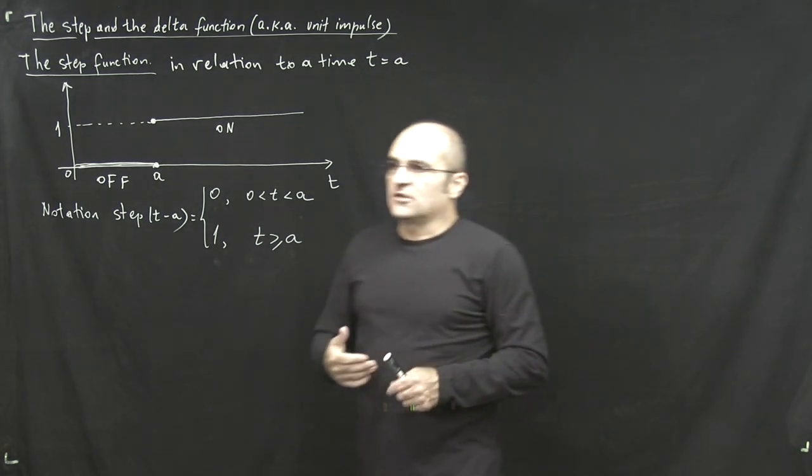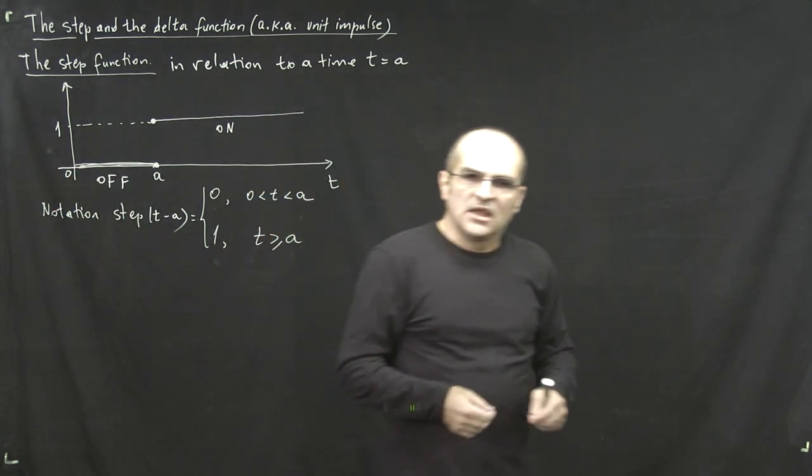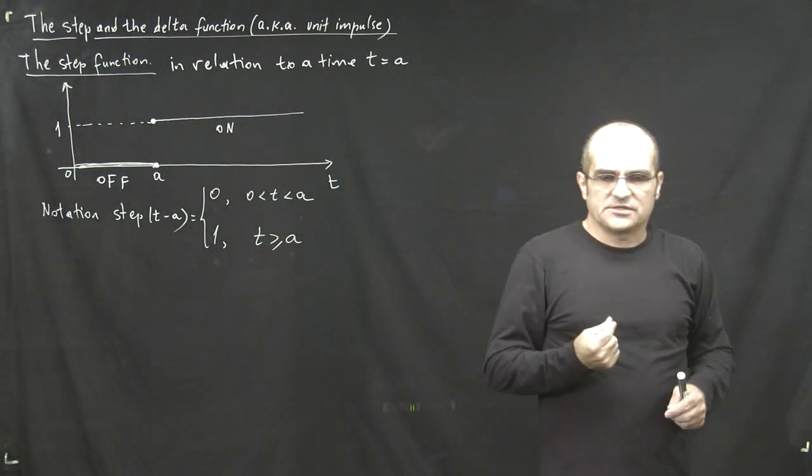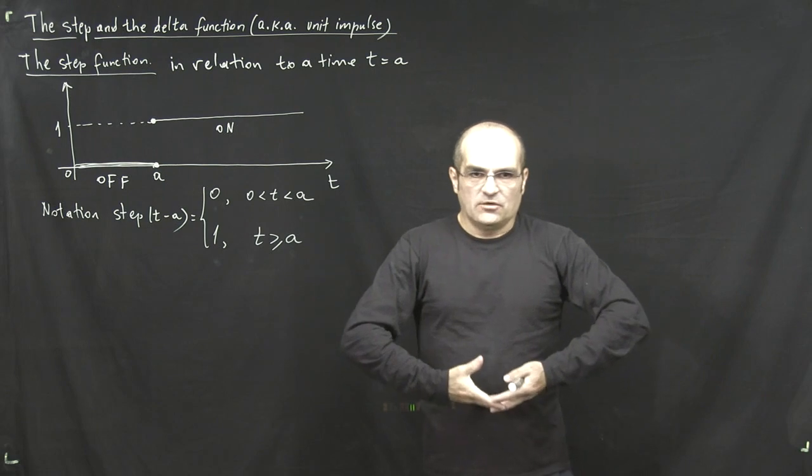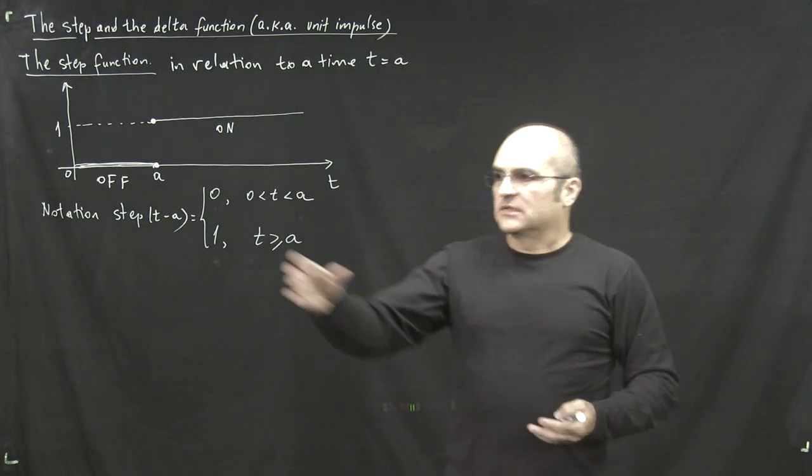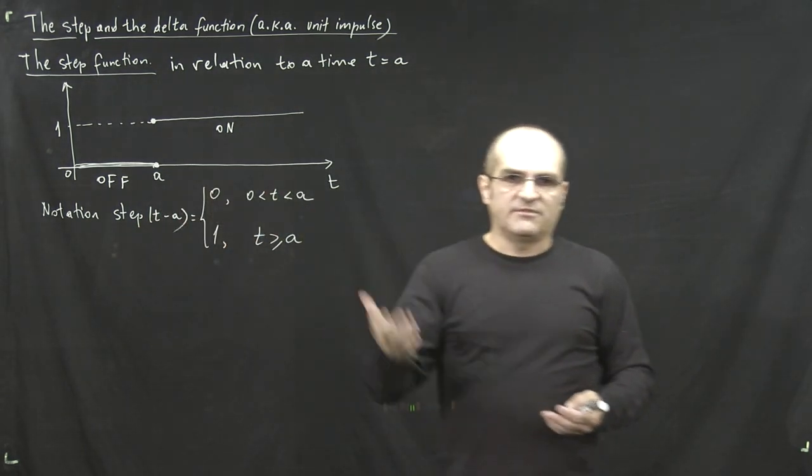Okay, furthermore, why does it return value 1? Why is it defined this way? This is for standardization purposes. You can make it return whatever value you want if you multiply the function by a specific value.